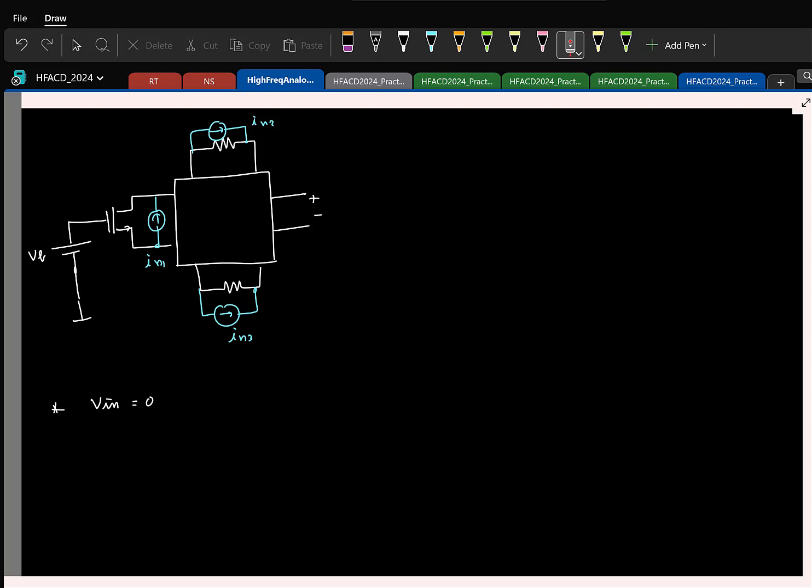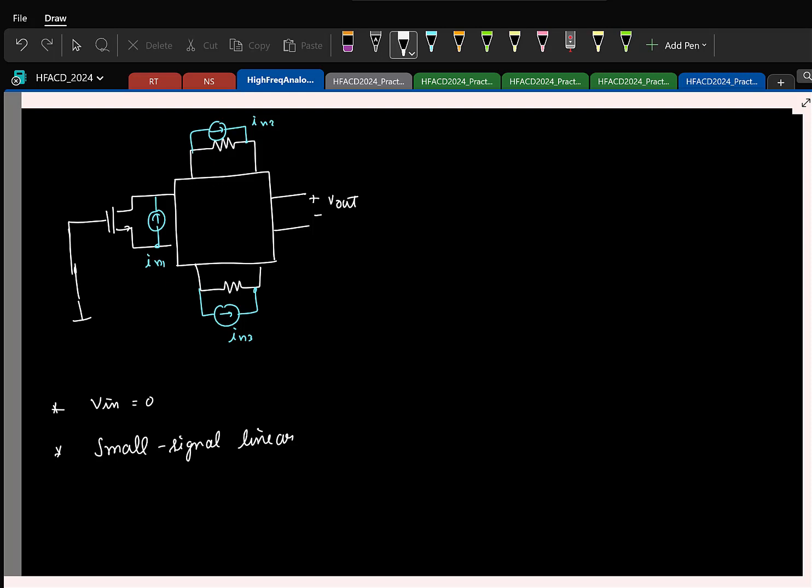But one nice thing about noise is that the noise amplitude is really small. I am looking at very small changes in the currents, so I can use small signal analysis. The DC source is shorted, and then you can use your small signal analysis.